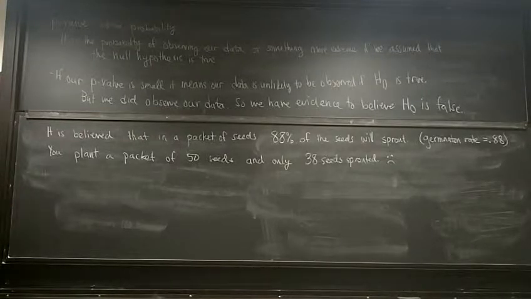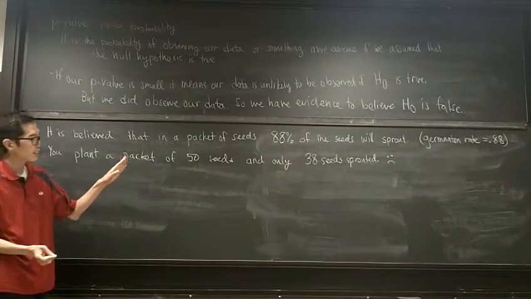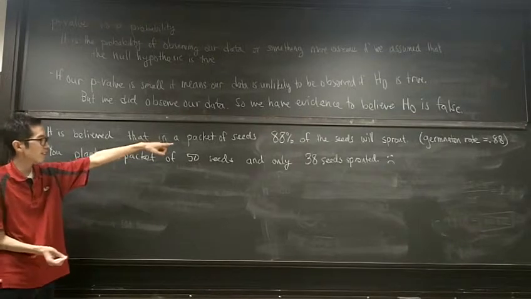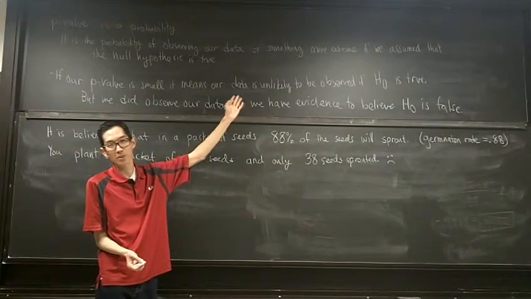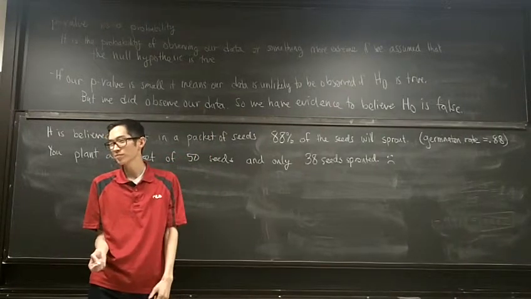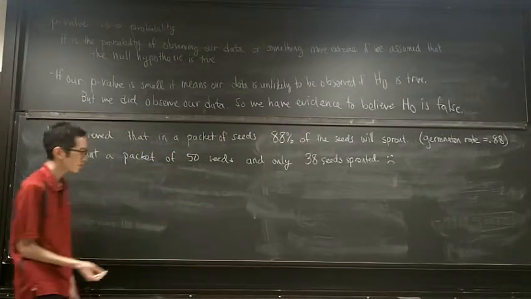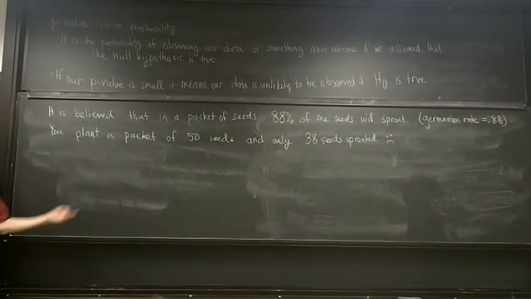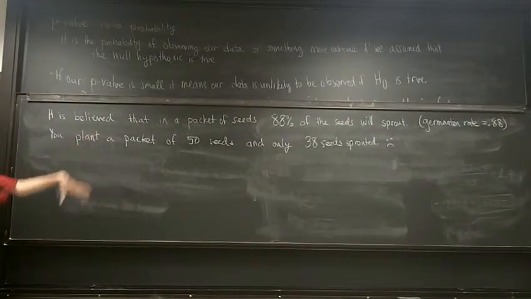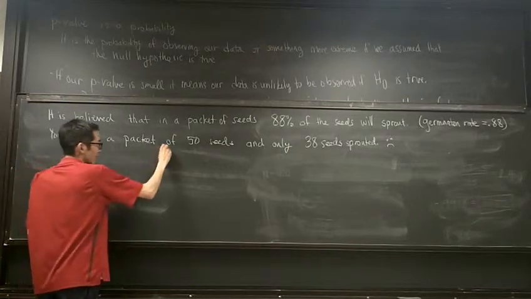Is this evidence that this 88% is wrong? Or were you just unlucky in your seed sprouts? I don't know. Let's say the packet is a packet of random seeds, randomly selected seeds.